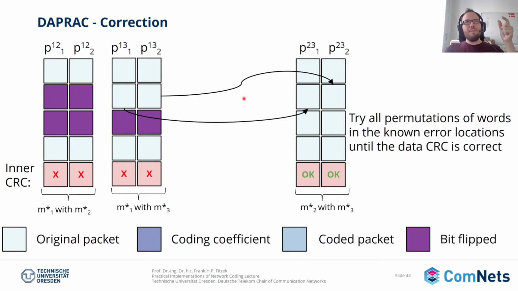So instead of flipping bits one by one, it's not so difficult to correct, because you only have to move these symbols from one point to another and compute the CRC. So PRAC does a lot of bit flips and CRC calculations. DAPRAC does a lot of decoding and then CRC calculations.